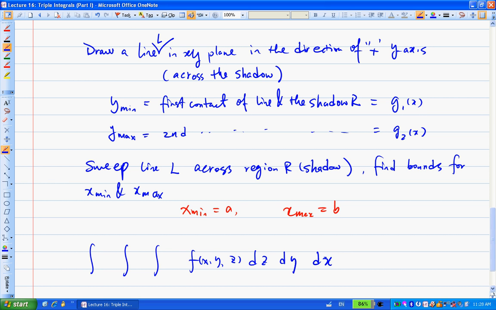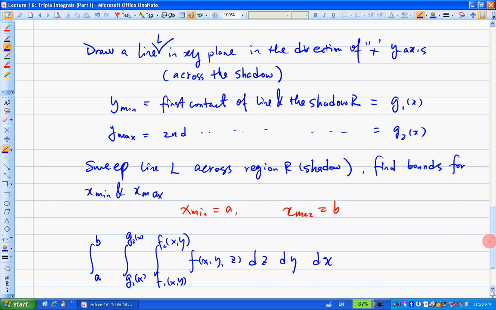The limits for z are f1 of xy and f2 of xy. The limits for y, in this case, are g1 of x and g2 of x. For x, it is a to b. All right, so that's our triple integral in Cartesian coordinates.